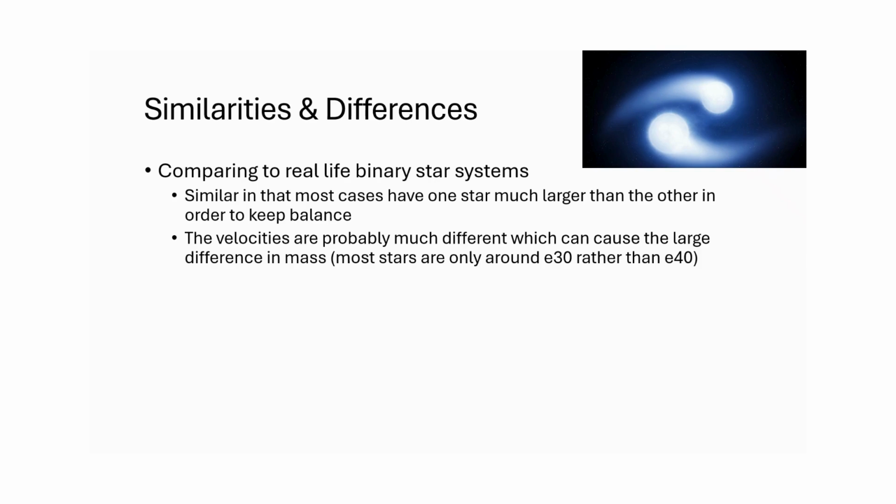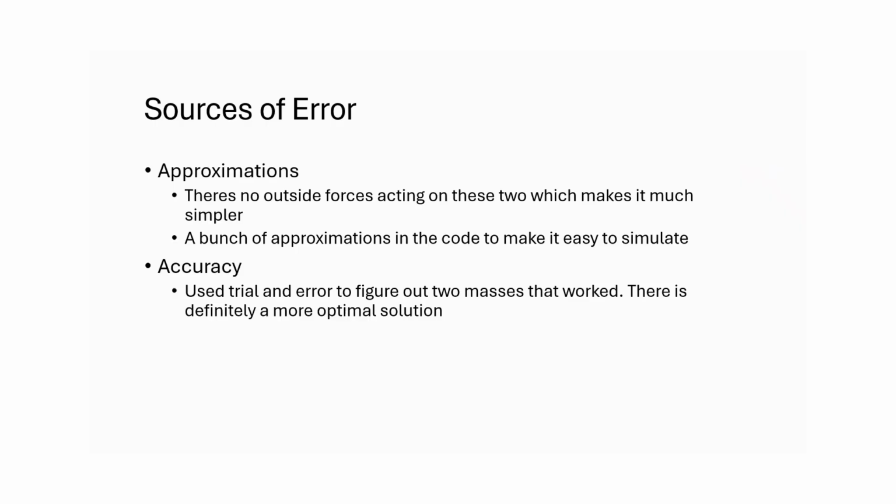As for sources of error, there were a bunch of approximations, like no outside forces and some other things to make it easier to run the simulation. I also used trial and error to figure out the two masses, and there's definitely a more optimal solution, but that just wasn't in the scope of this lab.